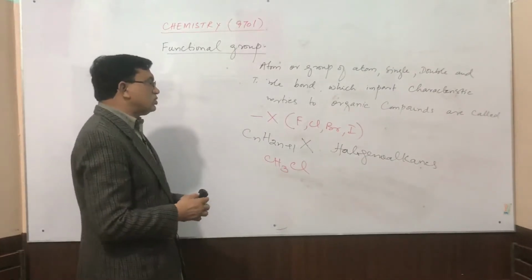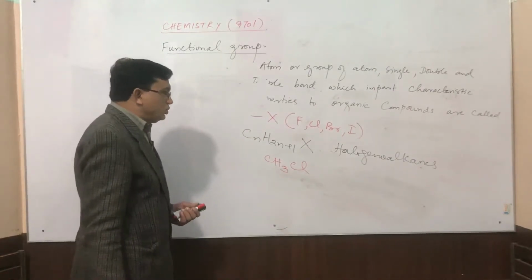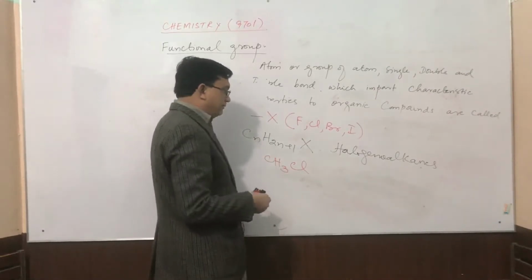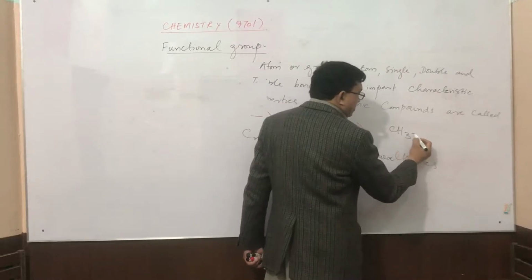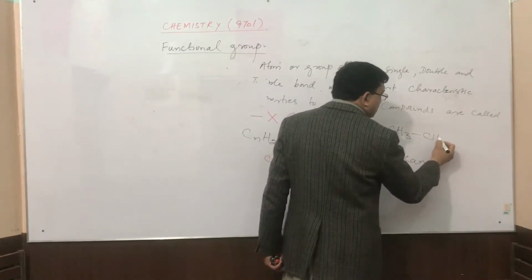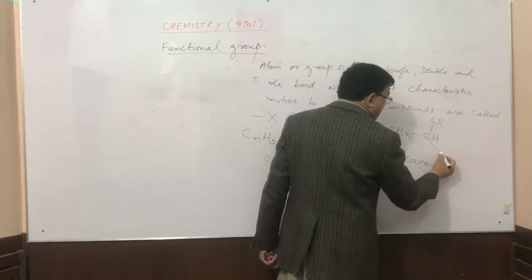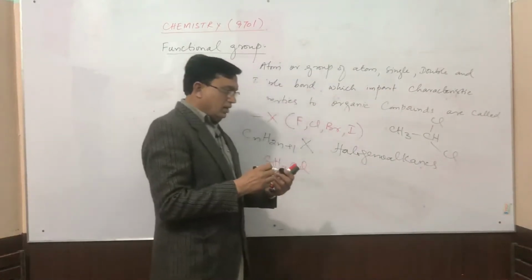Chloromethane is the most common systematic name used. Similarly, if we want to write down this just like this, Cl and then Cl.